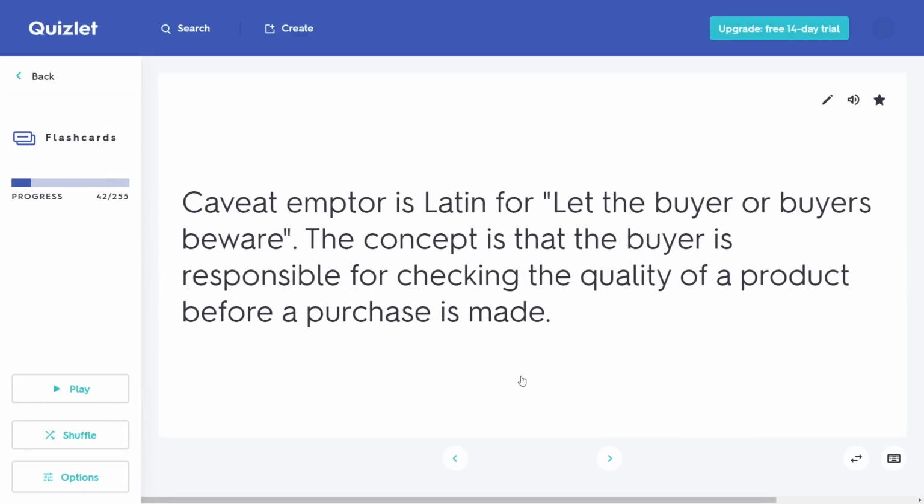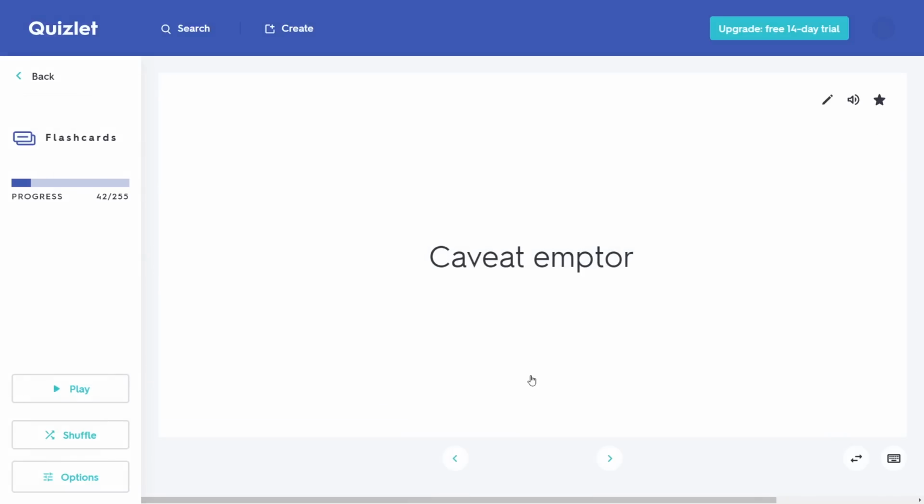Well, it means let the buyer beware. The concept is that the buyer is responsible for checking the quality of a product before a purchase is made. It's another phrase that comes up during the sale of a property, basically stating that buyers are responsible for doing their own due diligence. It goes along with the term due diligence, which we'll probably see later, but that's pretty much it for that one.